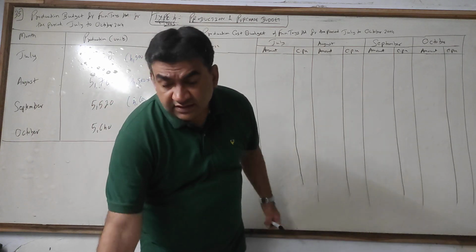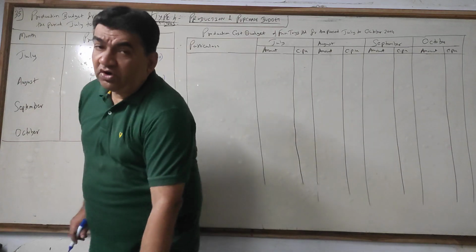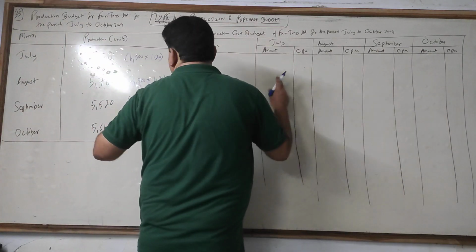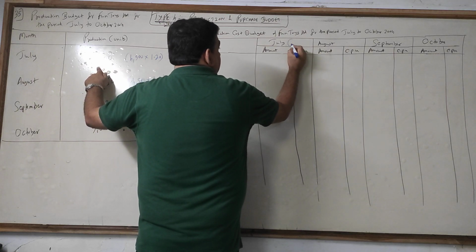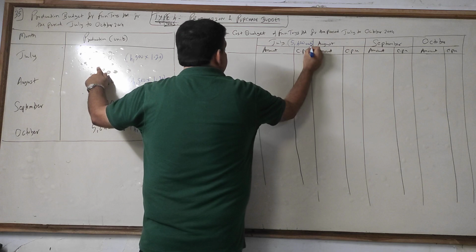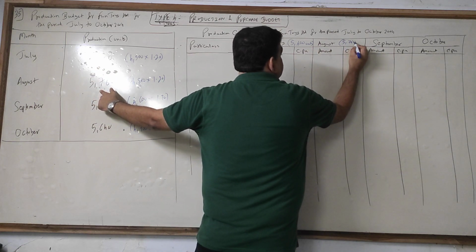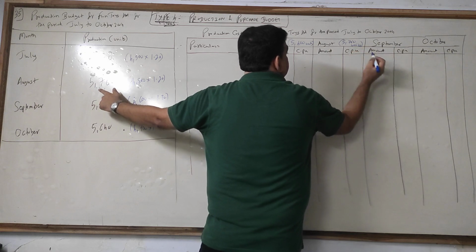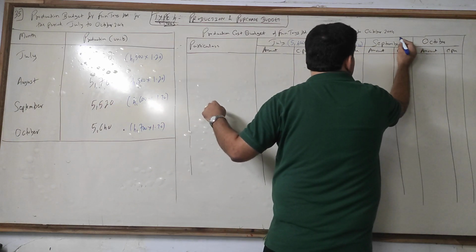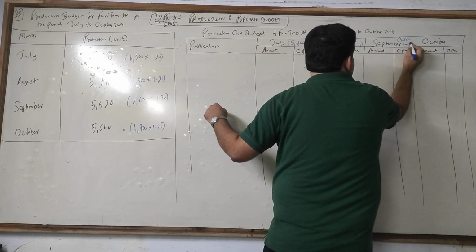And see, we got the units, correct? So now, because we got the units, in brackets I mention the units. July, how many units? 5,400. August, 5,760 units. September, 5,520 units.